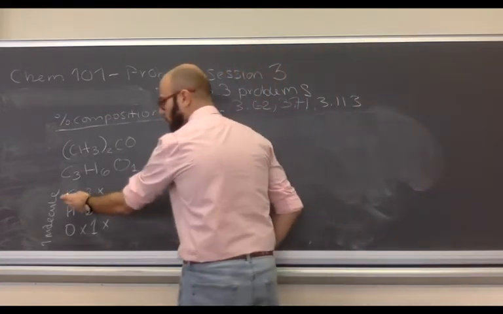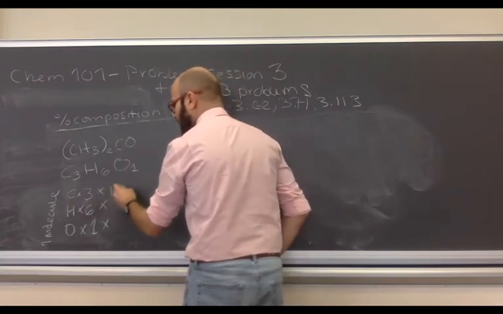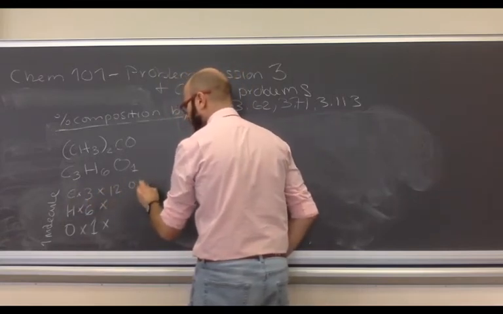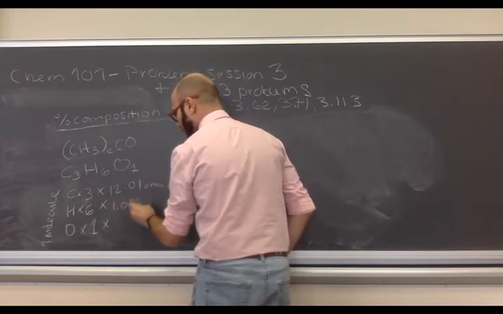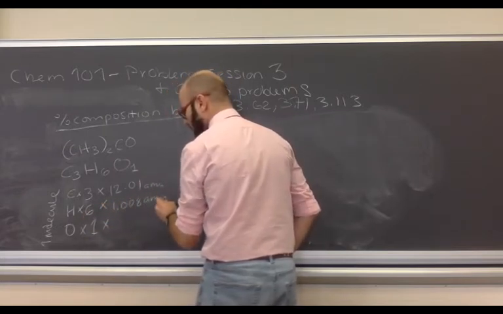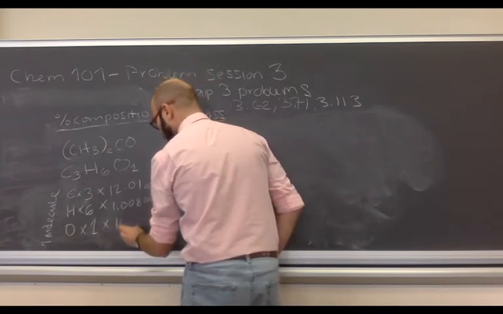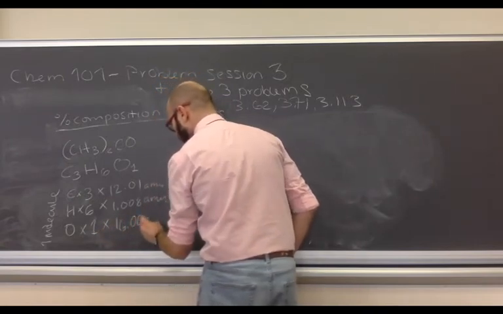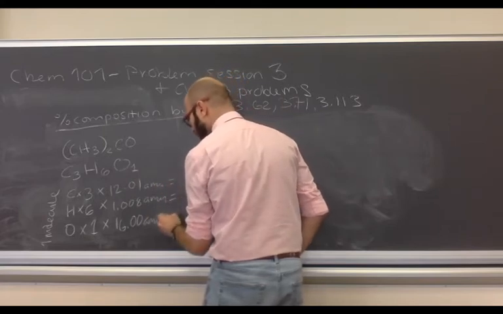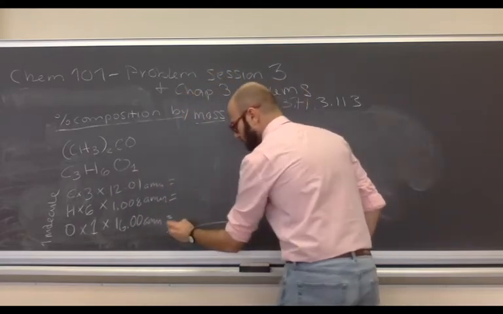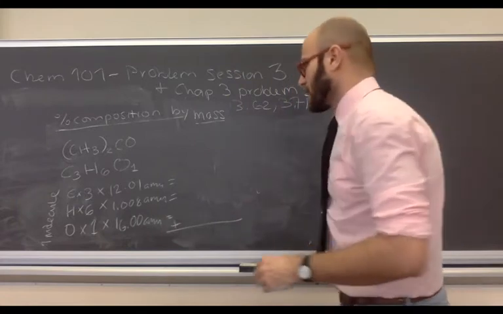So for carbon, we look back at our table, and we have the mass of 12.01, right? That's AMU. We then have for hydrogen 1.008 AMU. And then for oxygen, I think we'll use 16.00 AMU. And so then it just becomes a question of doing that math. And so let's see. I think I can do the first one.